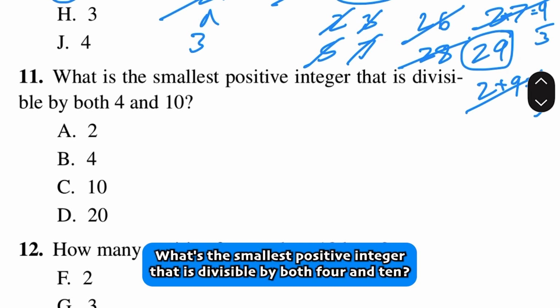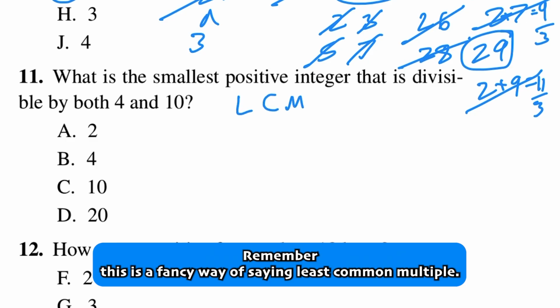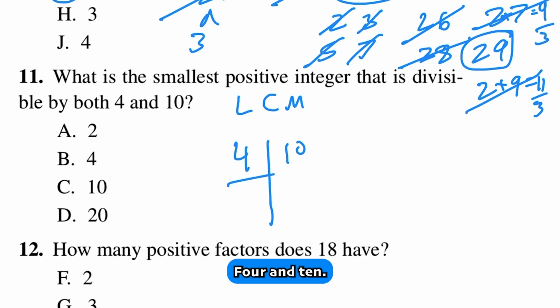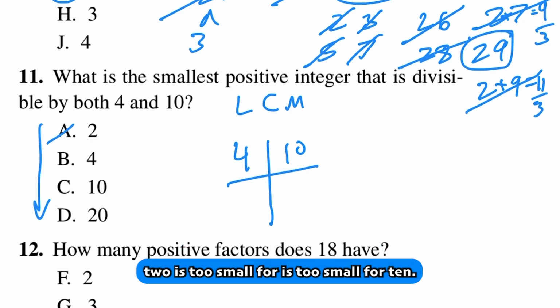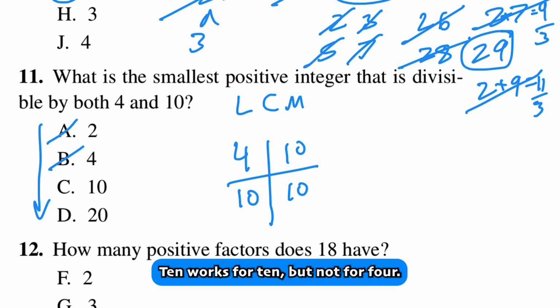What's the smallest positive integer that is divisible by both 4 and 10? Remember, this is a fancy way of saying least common multiple. 4 and 10. For least common multiple, let's start in this direction. 2 is too small. 4 is too small for 10. 10 works for 10, but not for 4.